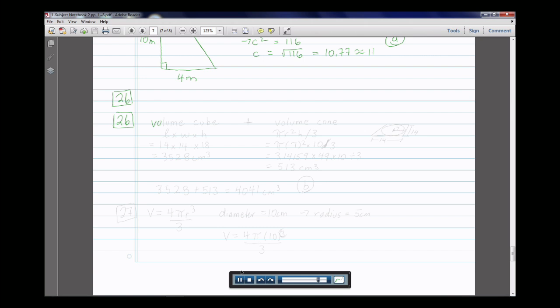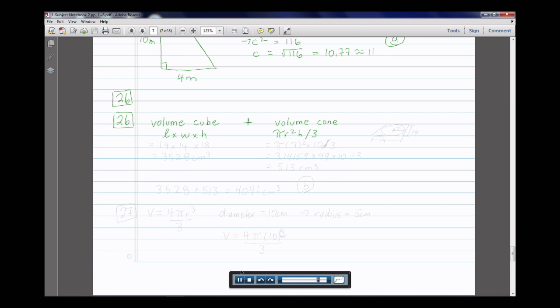I think you probably already know the volume of a prism is its length times its width times its height, but you may not be that familiar with the volume of the cone. If you look on the formula sheet, it's pi r squared h divided by 3. And once you have those two amounts, you add them together.